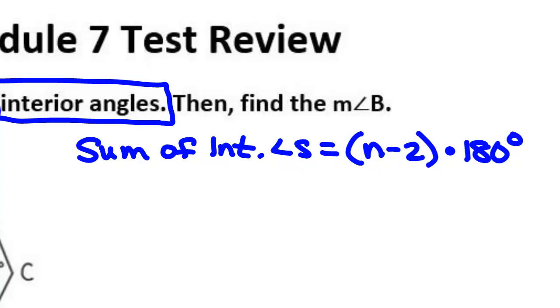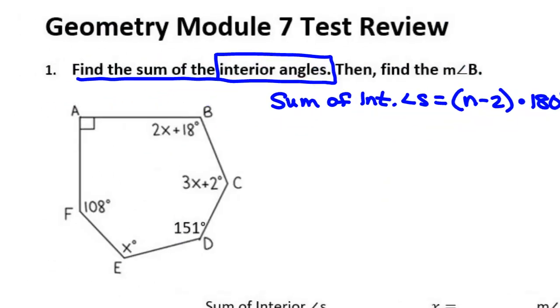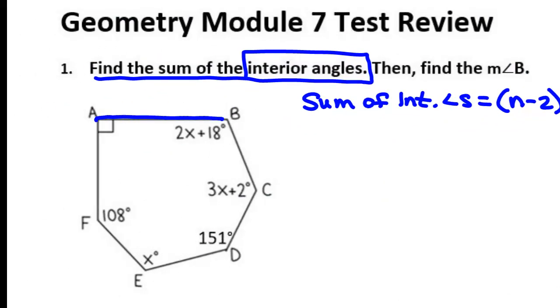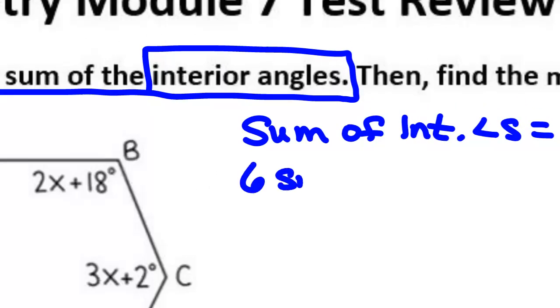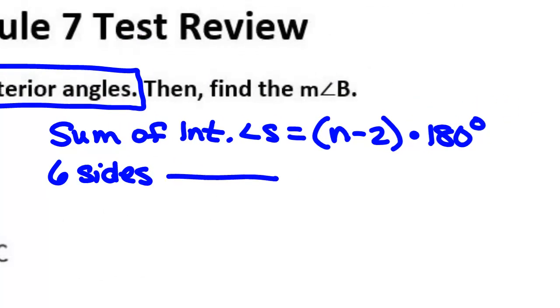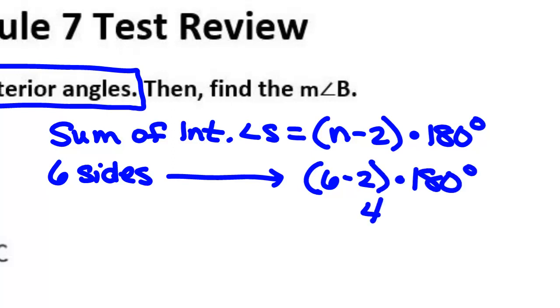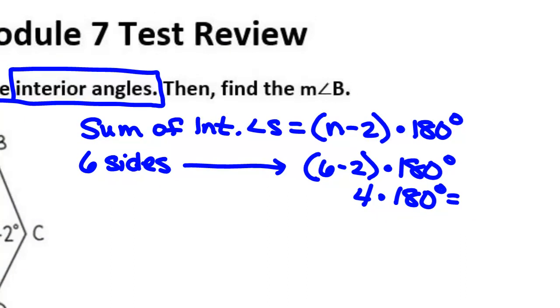The sides. How many sides does this figure have? Let's count them up. So I got 1, 2, 3, 4, 5, 6 sides. So we do 6 minus 2 times 180, or that would be 4 times 180. And that is 720 degrees.